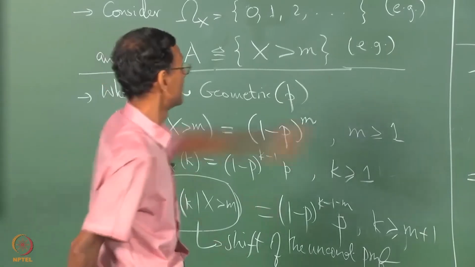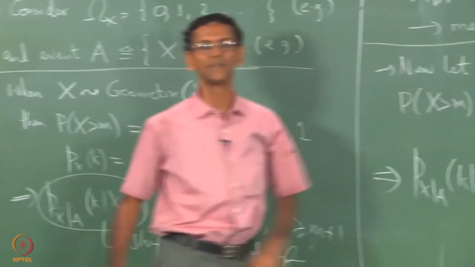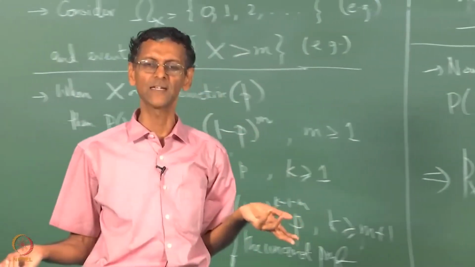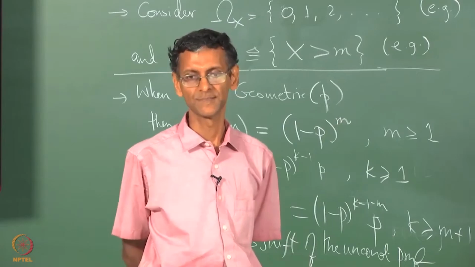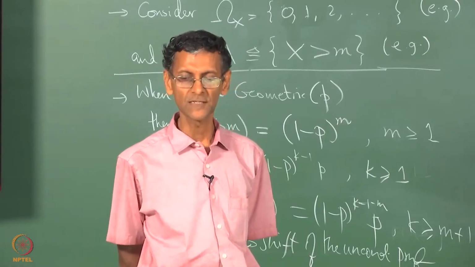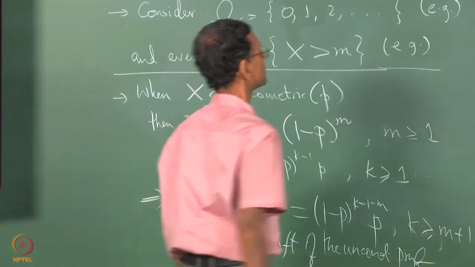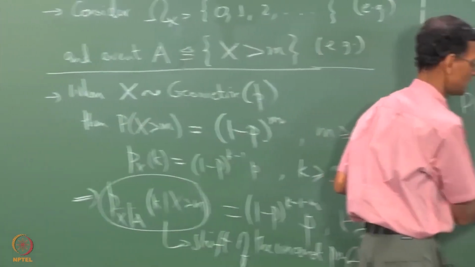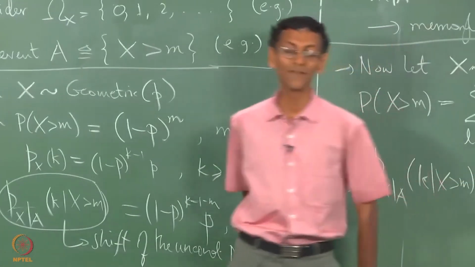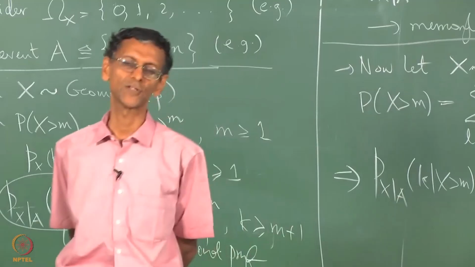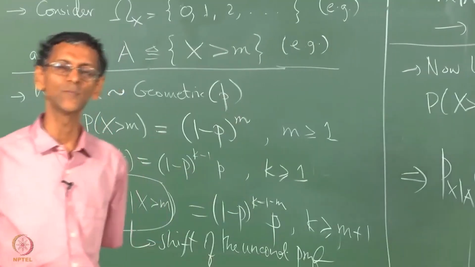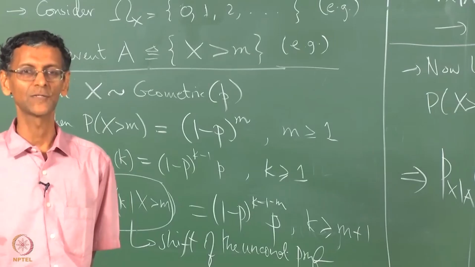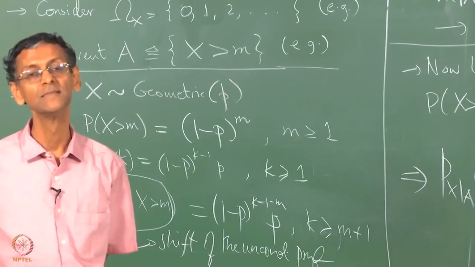So, do not think that just because it happened here, it holds in general. In fact it turns out only the geometric PMF has that property among the discrete distributions. The Poisson does not have that property. If you cut off the head of the Poisson distribution, you cannot recover the rest of it, but if you cut off the head of the geometric distribution, you can recover the rest of it, that is what this is saying.